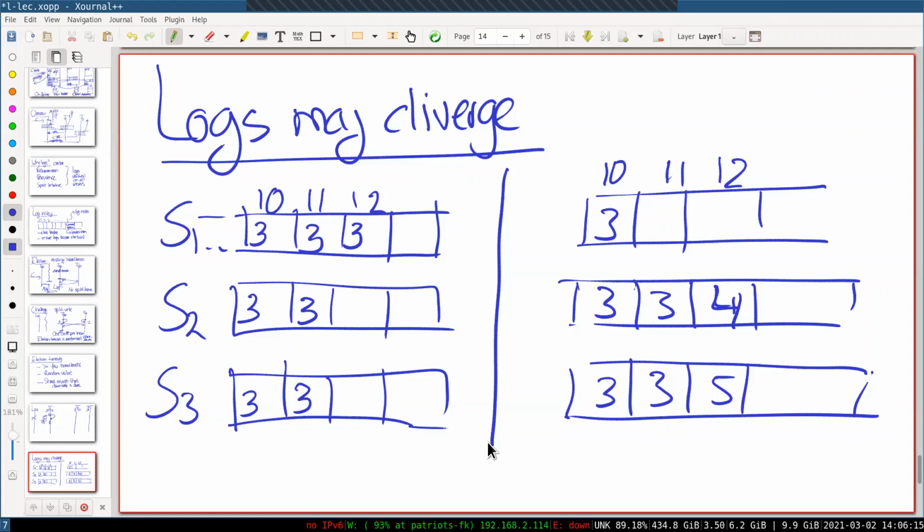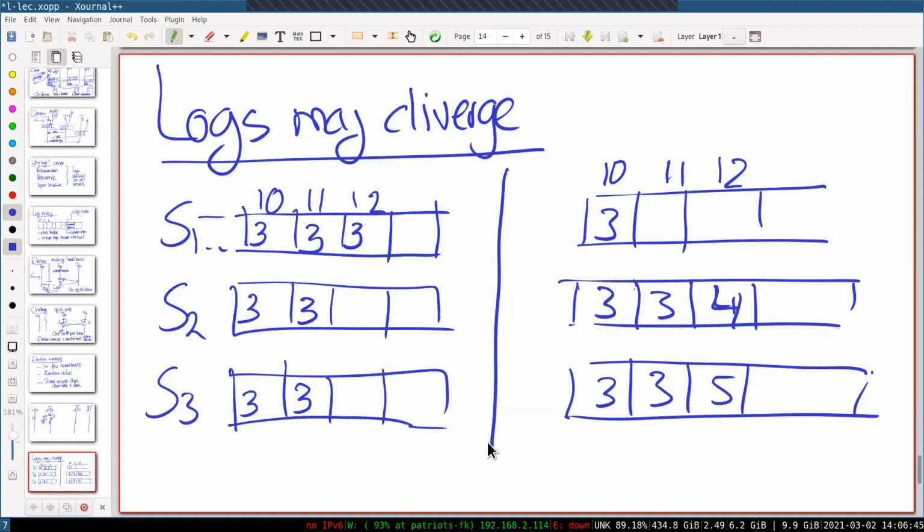It looks like server 2 or server 3 was the leader for term 3, and then got some logs out to server 1, and then shared another log with only one of the two servers. After which point it went down. And then S2 got elected as leader for term 2, which is still possible because its log is as up to date as the others.